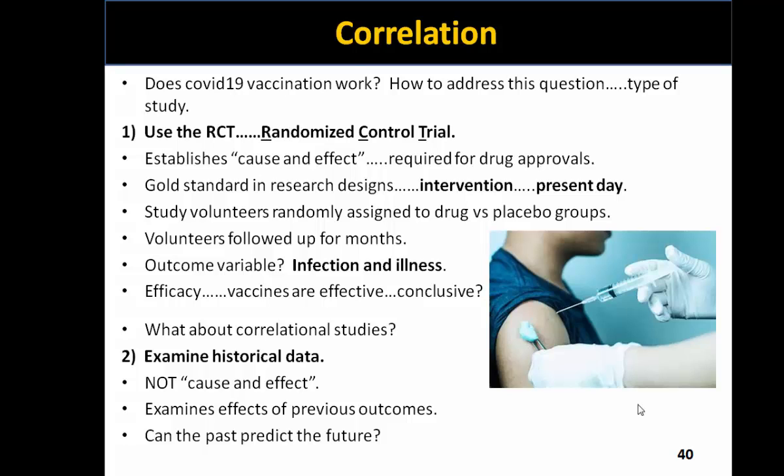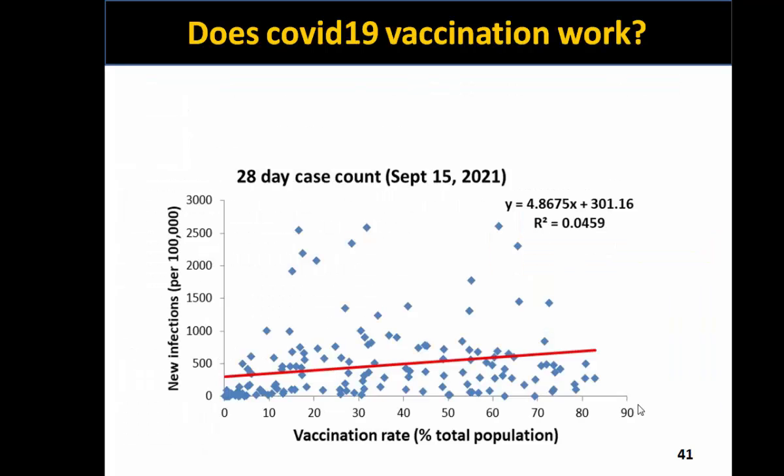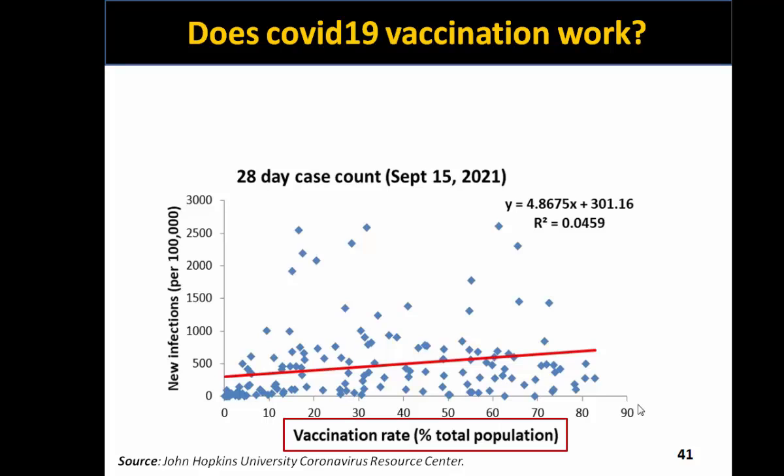And this is the approach that we're going to use in this next scatter plot. So what we're looking at here in this scatter plot is, once again, these data are sourced from Johns Hopkins. Along the x-axis, we have the vaccination rate in units of the percent of total population.